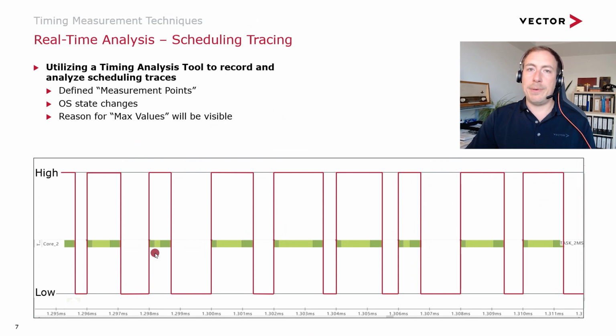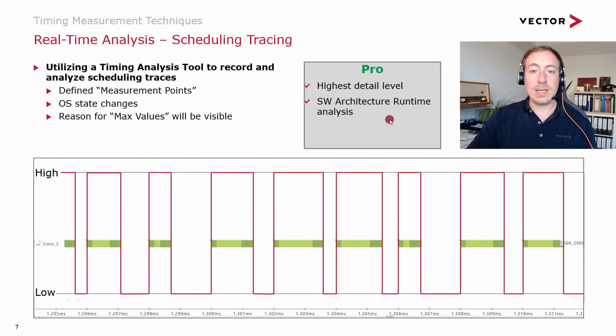So if you remember, for example, in an OSEK OS, there are pre-task hook and post-task hook to define the measurement points. And then you can see, okay, the task starts, the task stops. Task starts, task stops. You can maybe also see if something is preempted. So it gives you way much more detail.